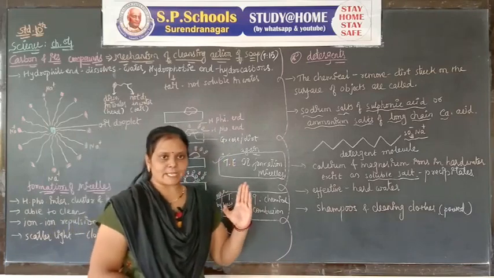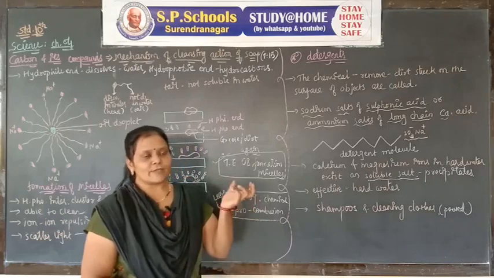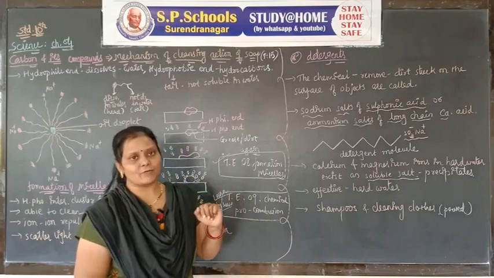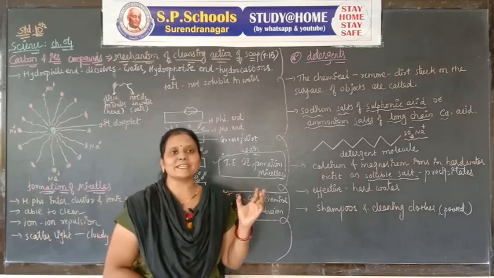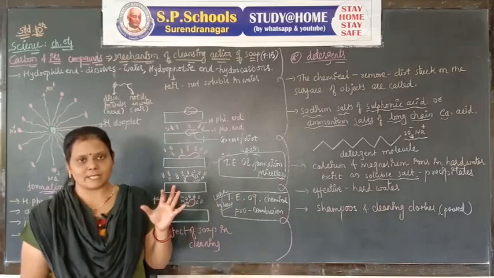Soap reacts with calcium and magnesium ions. So when we apply soap on hard water, precipitates are formed and soap is wasted.